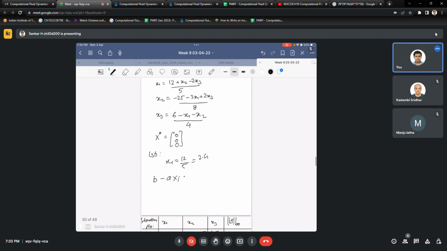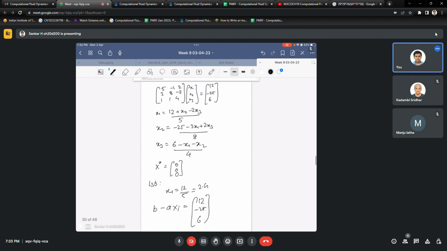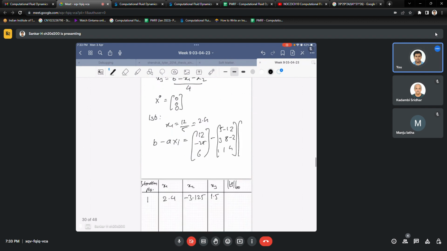And the residual of this is found by substituting in the form b minus A xi, which is done by taking 12, minus 25, 6 minus the matrix 5 minus 1 2, 3 8 minus 2, 1 1 4 times the evaluated values 2.4, minus 3.125 and 1.5.